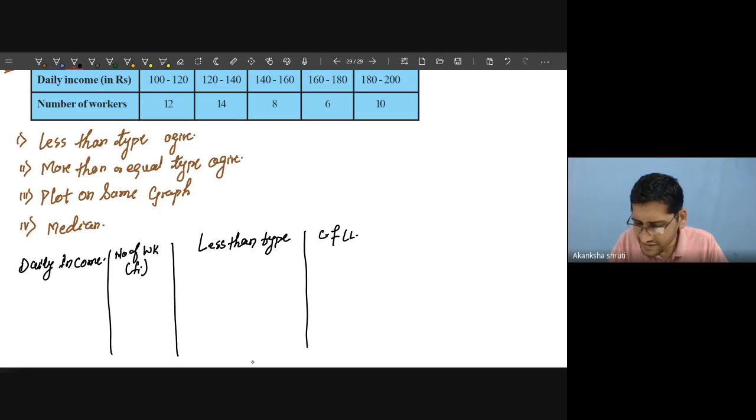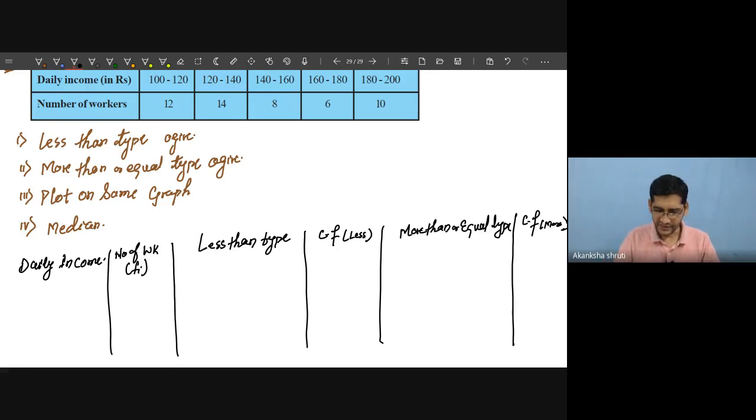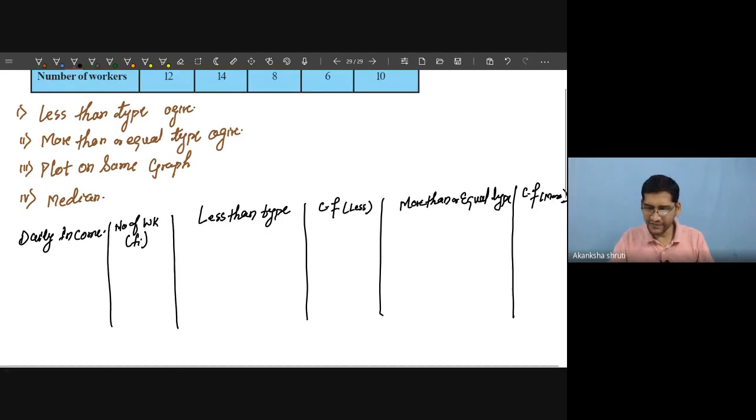Another table we need to draw is for the more than type. More than is always associated with the equal type. And then we also need to write the cumulative frequency for more. So from the given data, I will get the other four columns.